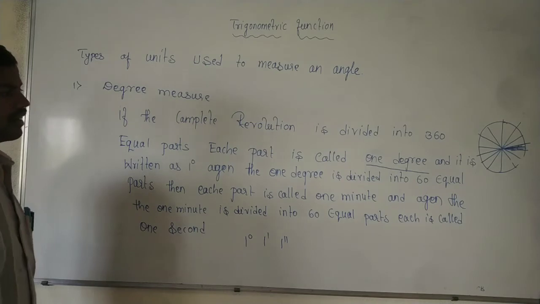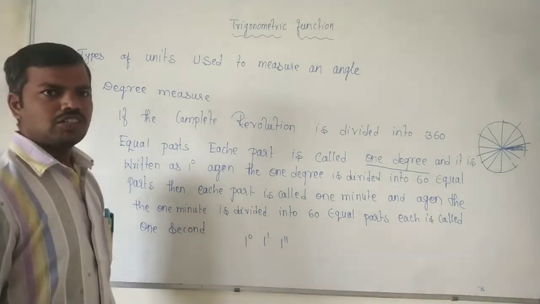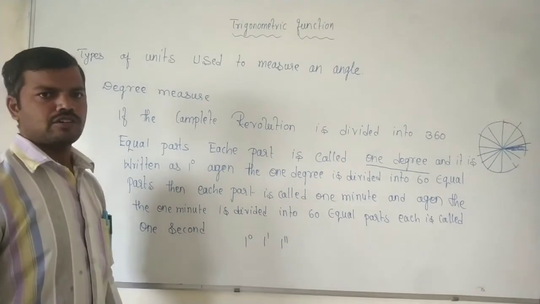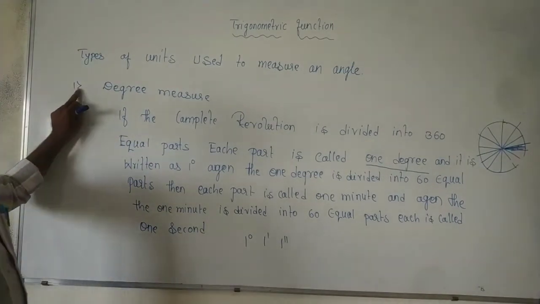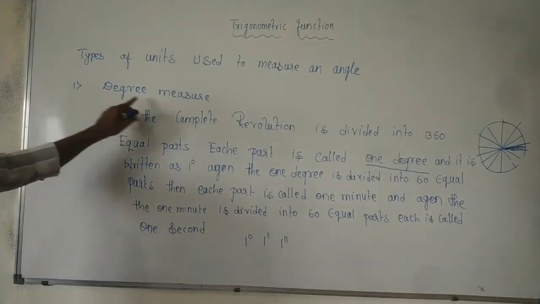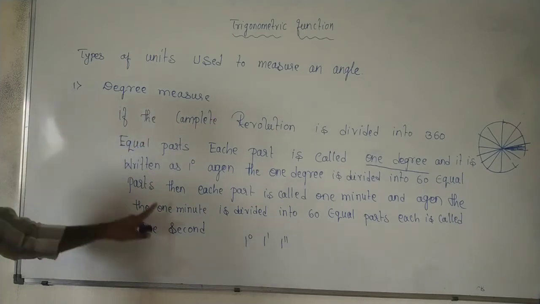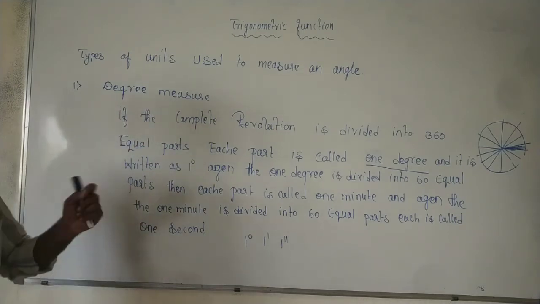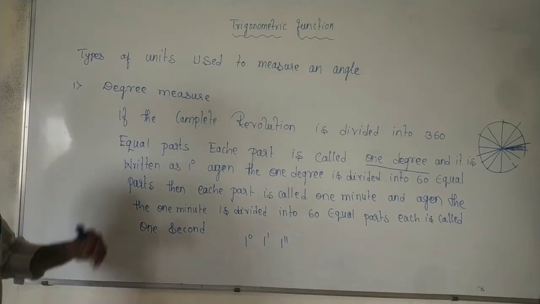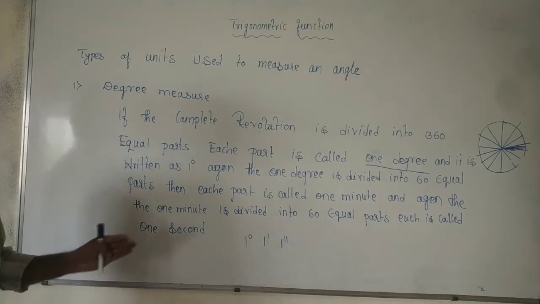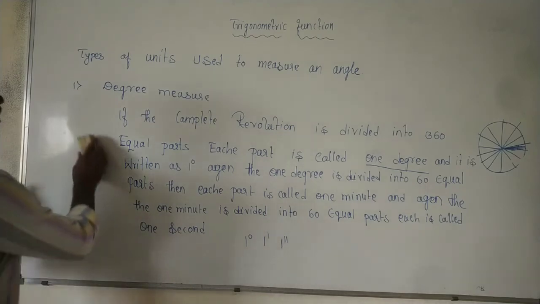We will discuss it after the completion of the radian measure. Your syllabus has only these: degree measure, radian measure, and grade measure. Let me see that measure later on, after the completion of the degree measure.